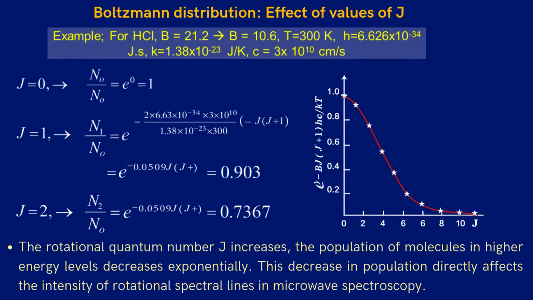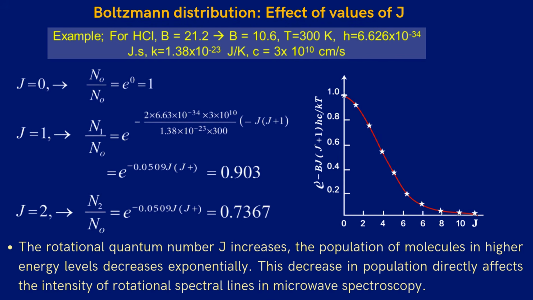B is the rotational constant, k is the Boltzmann constant and T is temperature. Here we can understand the effect of the rotational quantum number J on molecular population using the Boltzmann distribution. Let us consider hydrogen chloride, HCl, as an example. For HCl, the rotational constant B is taken as 10.6 per centimeter, and the temperature is 300 Kelvin. The values of Planck's constant, the Boltzmann constant and the speed of light are given here.